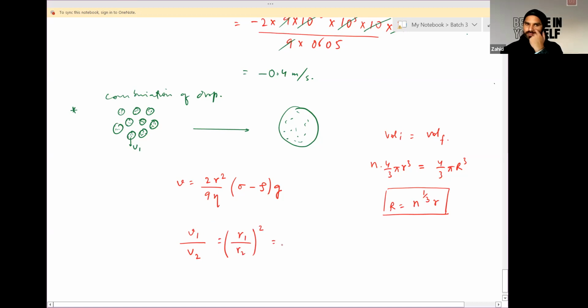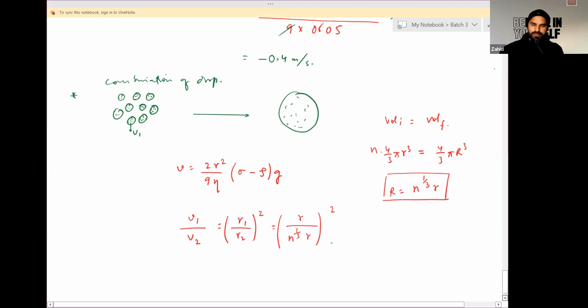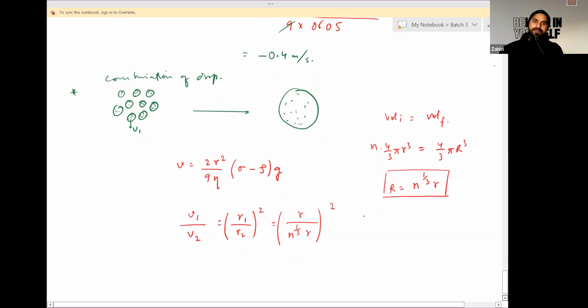So v1 divided by v2 equals r1 divided by r2, whole square. Now put the value of each term. R1 is just r and r2 is n to the power 1 by 3 times small r, whole to the power 2. r and r will cancel out. So you're left with 1 upon n to the power 1 by 3, whole to the power 2.